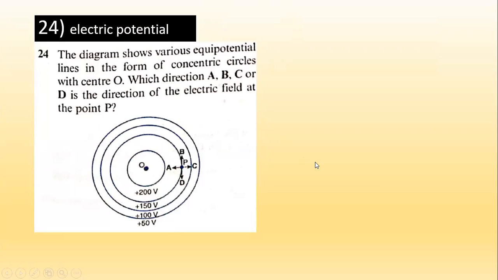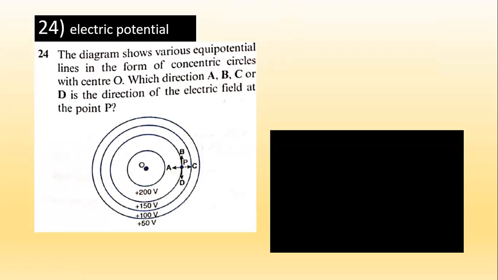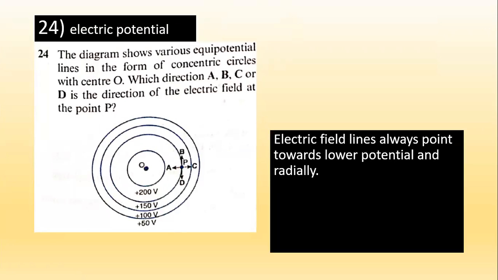Always remember that the electric field is perpendicular to the surface. Electric field lines always point towards lower potential, along the radius. So the answer is C. It's always perpendicular to the surface.